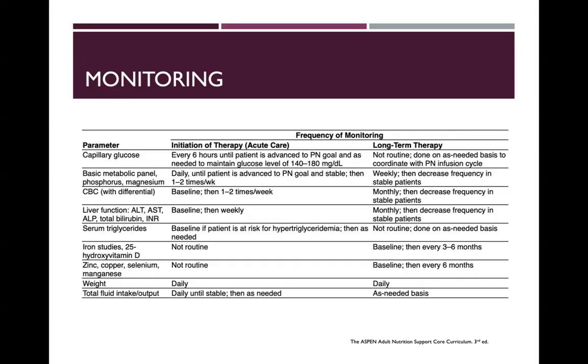CBC, that could be mainly an indicator of if you do have leukocytosis, that's an indication of infection or inflammation in general. If you are giving too much fluids, you're going to see these numbers decrease. So you'll see the patient's white blood cell count is reduced, their red blood cell count is reduced, the platelets are reduced because you're diluting everything. So that's why we order CBC.